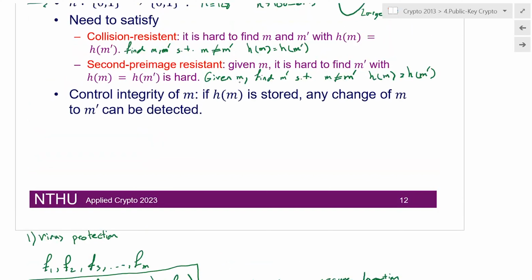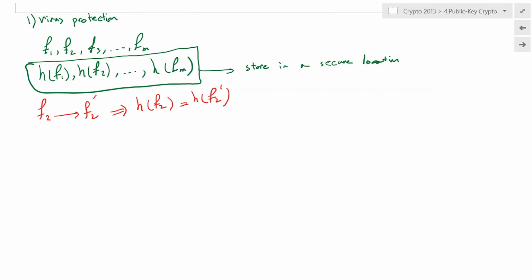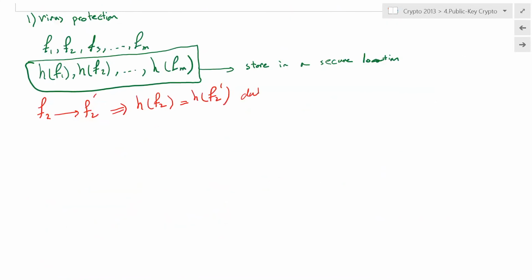It would mean that given some F, you can find another F prime such that their hashes are equal, so you can break the hash function. So this is due to second pre-image resistance, right?